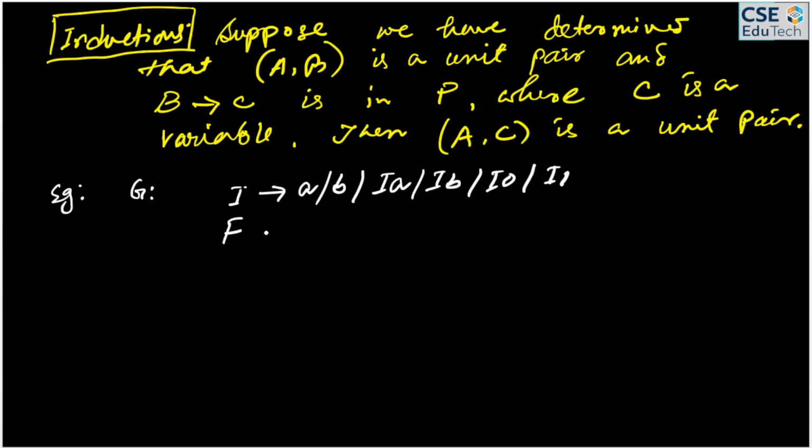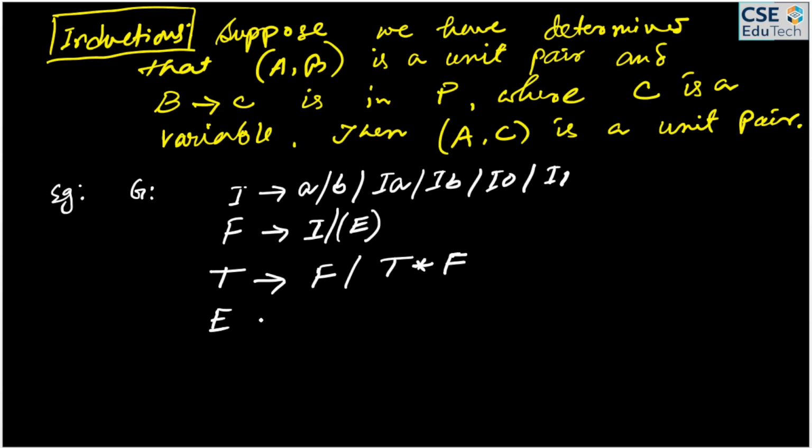And F to I or (E), T to F or T multiplied by F, and E to T or E plus T. So these are the production rules for the grammar G. We have to eliminate the unit productions from this grammar.